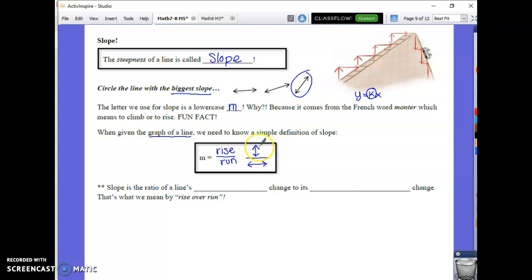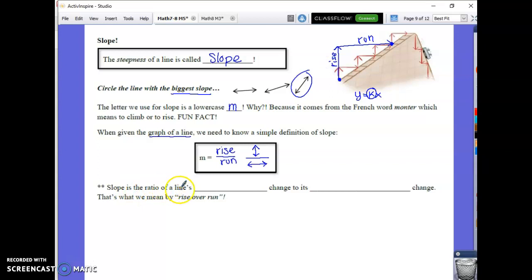So you're going to write, oh, I went 2 units up, I went 2 units to the right, or something like that. If we look at this example right over here, going from point A to point B, we would say we're going this many units up and this many units to the right. Okay, so rise over run. This is my run, and this is my rise.